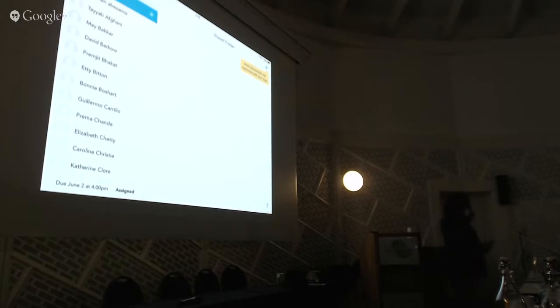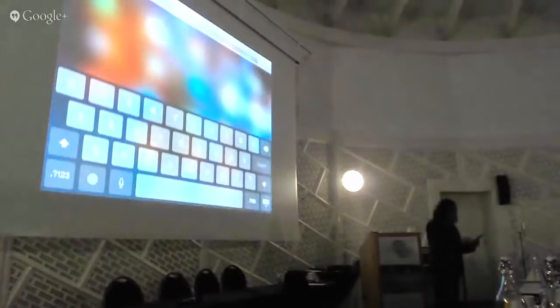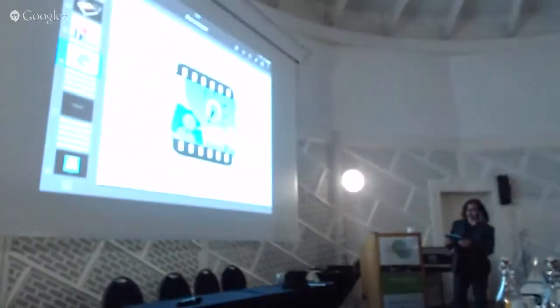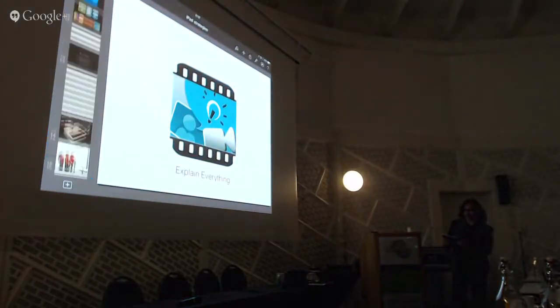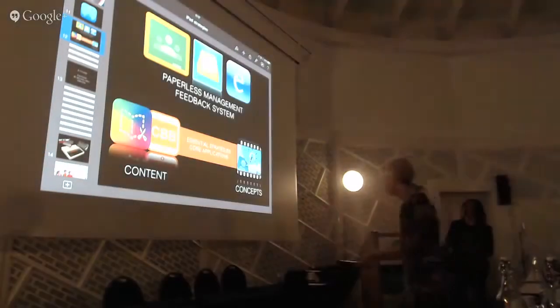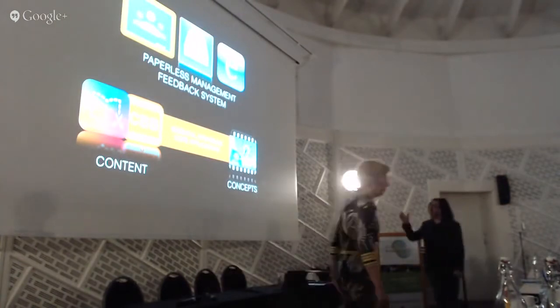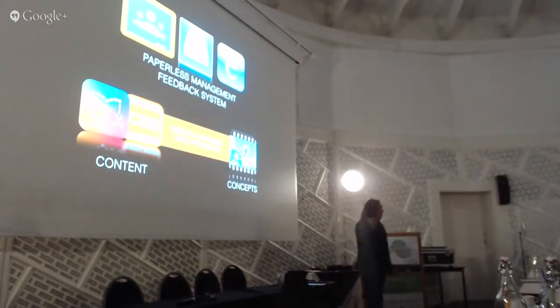The reason I use this is that if I just bring up the slides a minute, hopefully I get a good example of this. You'll see the bottom right-hand corner.